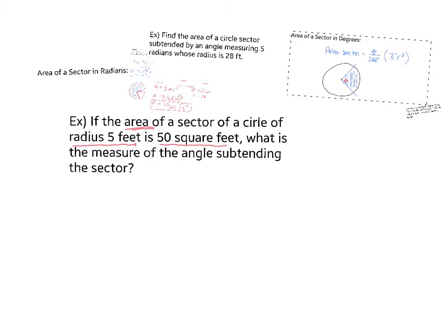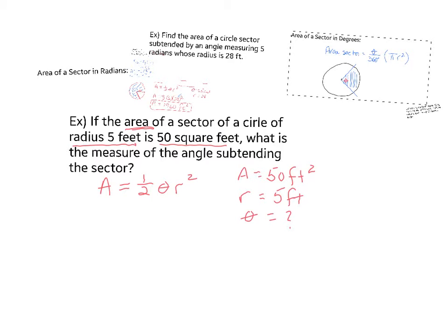So I'm going to say that the formula that I want is area equals 1/2 theta times r squared. They told me that the area is 50 square feet, and that the radius is 5 feet. And what we want to know is, what is the angle? So always trying to interpret what do we have and what do we need before we start figuring that out.